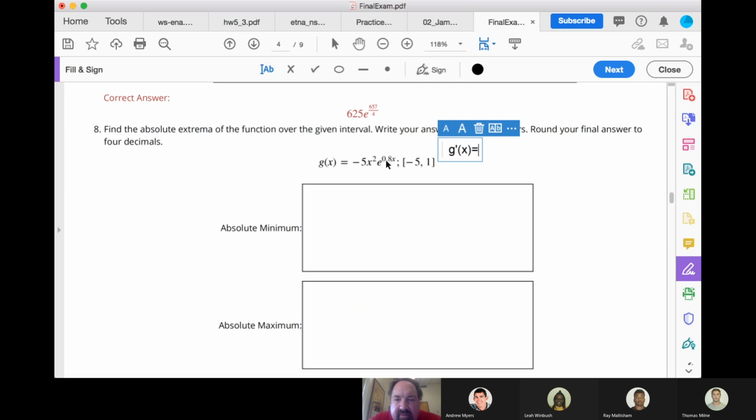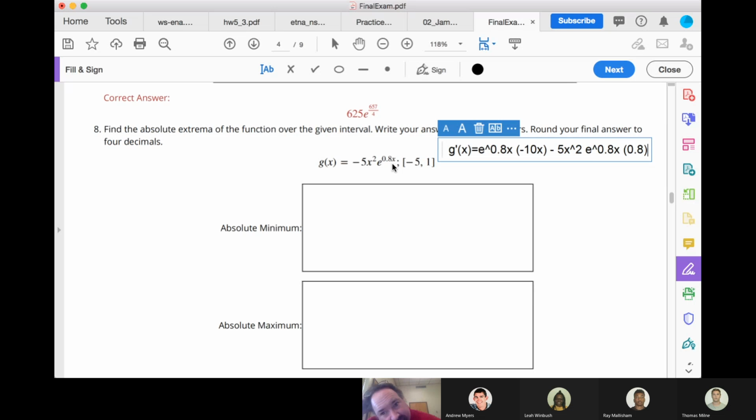So we're going to have the exponential times the derivative of the function that's multiplying it. So that'd be -10x plus minus 5x squared times the derivative of e to the 0.8x. Well, that would be itself times the derivative of the exponent, which is 0.8.